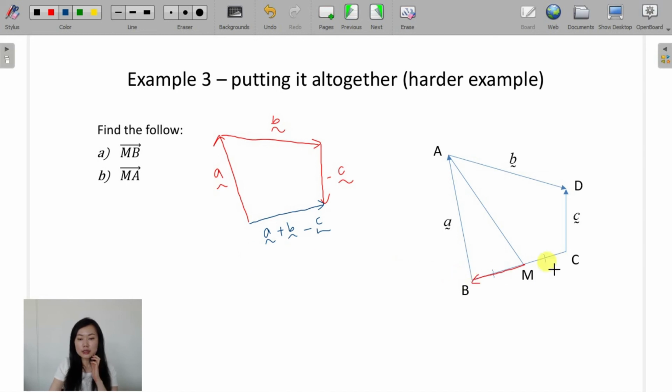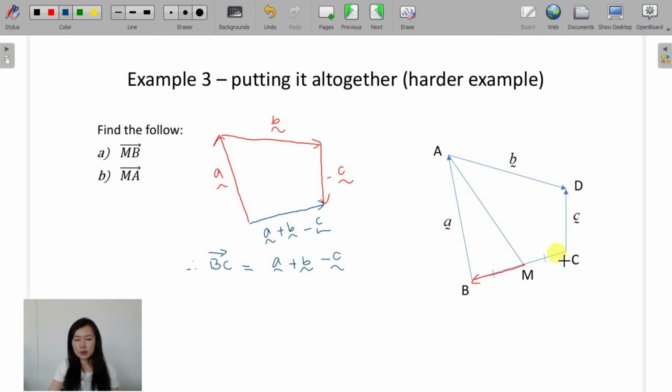So in other words, this vector here, BC, is A plus B minus C. This vector is pointing towards C.